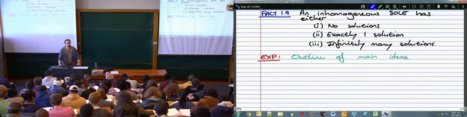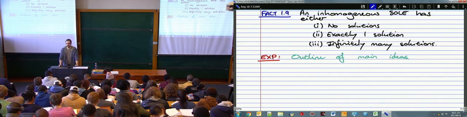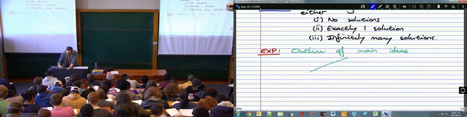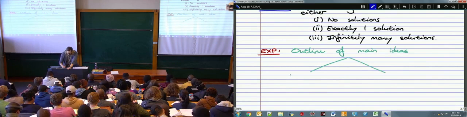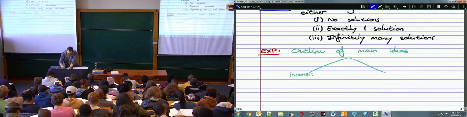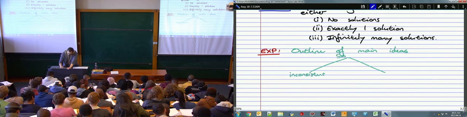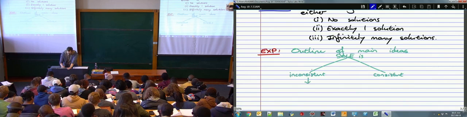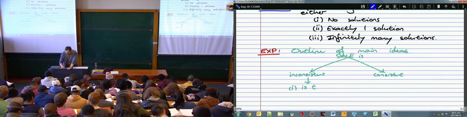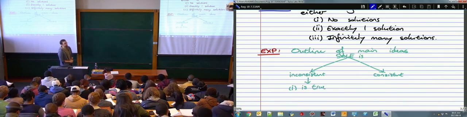This is just the outline of main ideas. We've got this system of linear equations. Either it is inconsistent or it's consistent, right? So you think about it like this: either the system of linear equations is inconsistent or it's consistent. If it's inconsistent, then 1 is true.